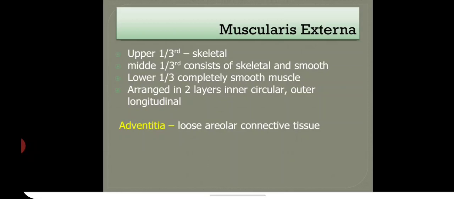The upper one third is made of total skeletal muscle, the middle one third of the esophagus is made of skeletal and smooth muscle fibers, and the lower one third is completely smooth muscle. But the arrangement is the same as the plan of the GIT, inner circular and outer longitudinal. So this completes the third layer. The fourth layer is loose areolar connective tissue in the adventitia.